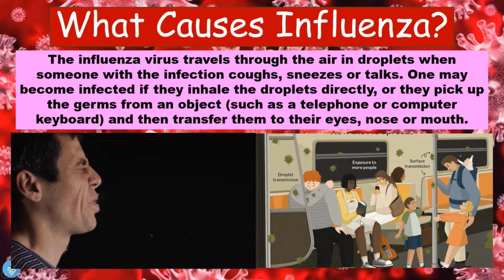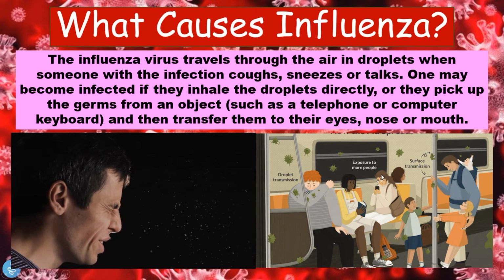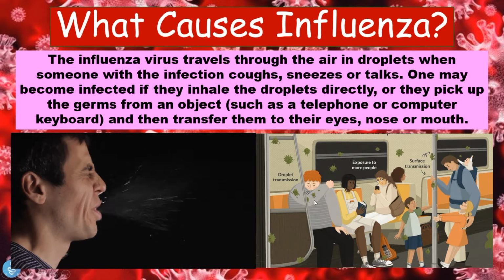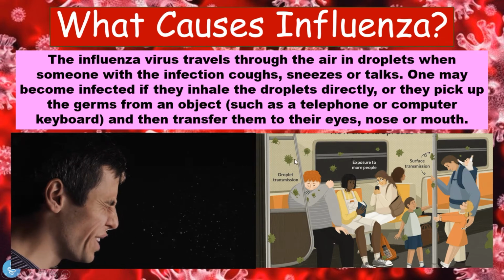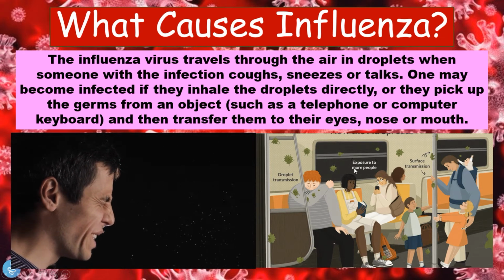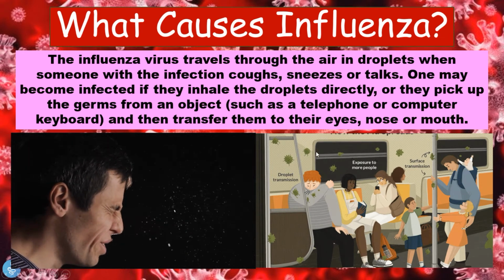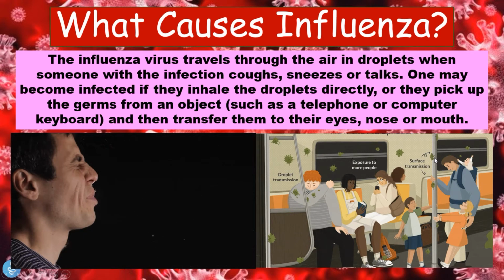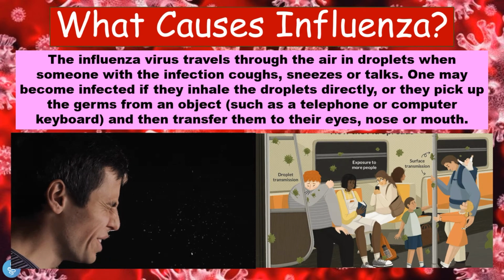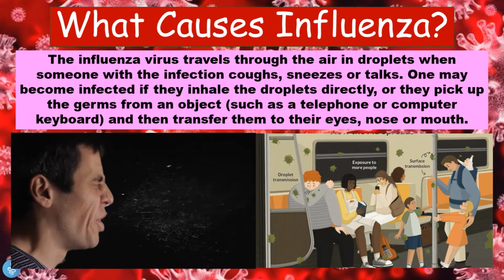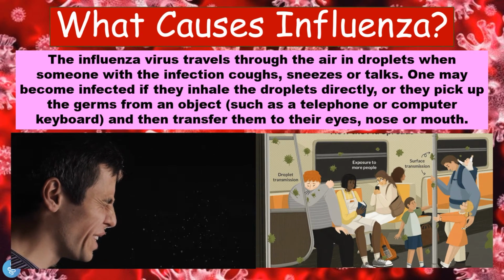So if we can imagine, if one uses public transport such as a train, if one person who has the flu sneezes and the influenza virus droplets land on the chairs, the windows, etc., more and more people will be exposed, because once they touch the surface, they can actually transfer these viral particles onto their eyes, nose, or mouth, and in this way they can also be infected.